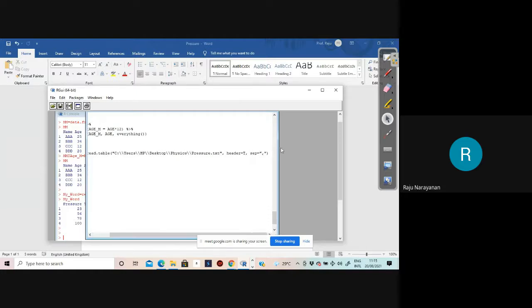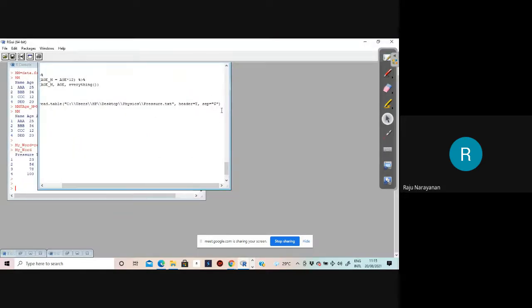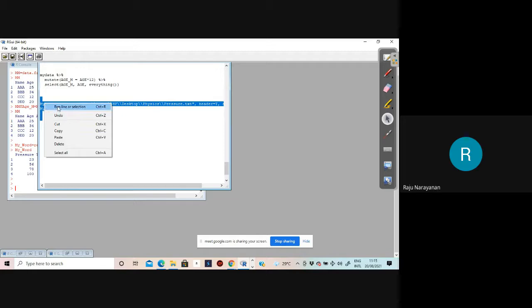Okay, separator is dollar. You can use separator ampersand, but make sure that it is not coming in the data. If that is coming in the actual data, then at that position it will separate and you will get the wrong answer. It will work.